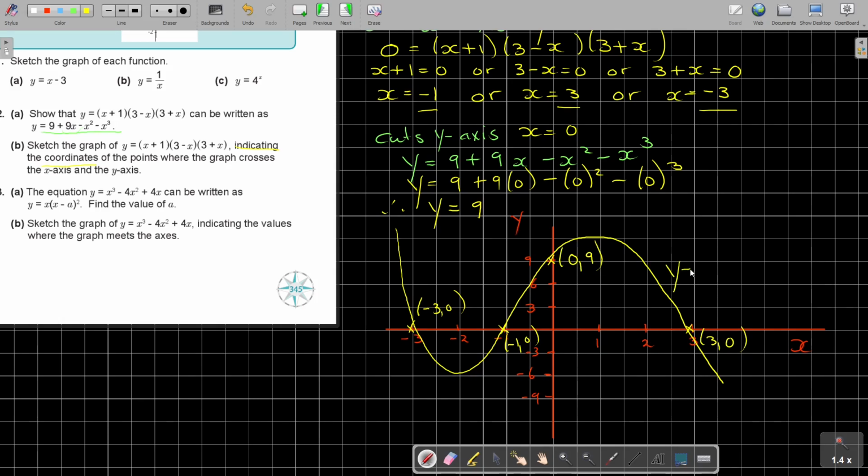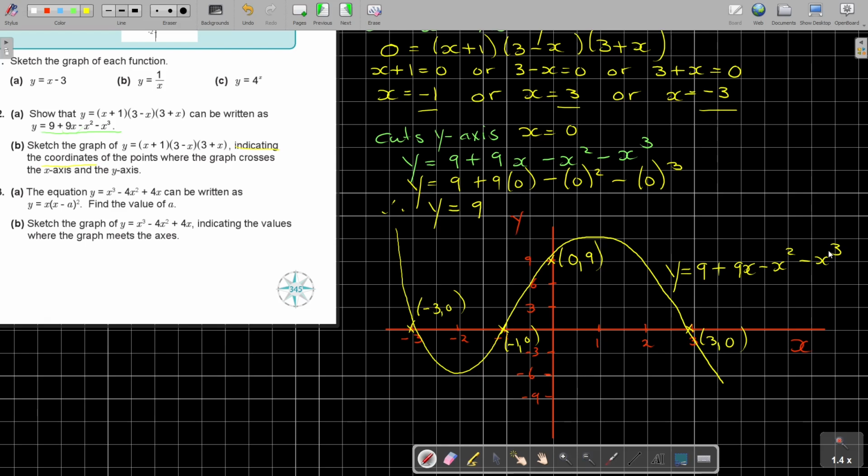That was the graph of y = 9 + 9x - x squared - x cubed, and you can decide if you're going to write it like that or use the brackets. That's how you do it. As I said, it's just a sketch. It doesn't have to be accurate, but it must have the shape and everything. You will be marked on that.